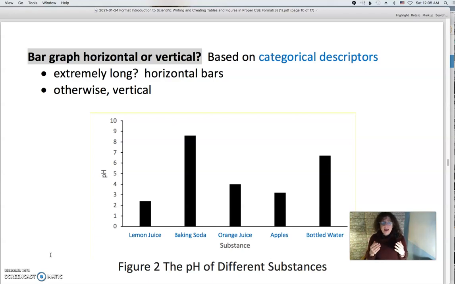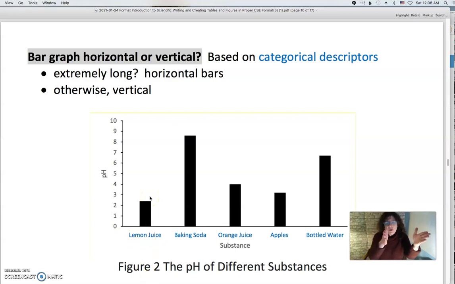If the description of the categories is very long, in other words, if this had said lemon juice at 2% concentration at 70 degrees, then you might be putting this on a horizontal bar, because you might be able to label that bar with that long title inside the bar. But generally, you're going to be labeling that right out here. And you're going to have more room to do that because you certainly don't have a lot of room down here to put all of this information in.